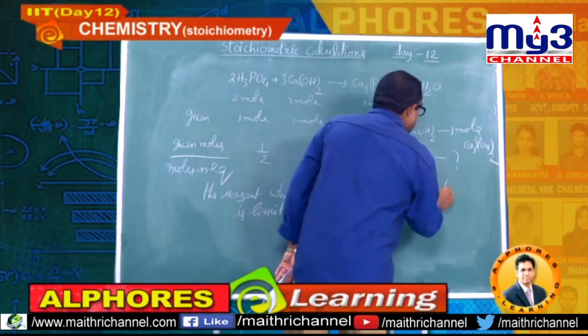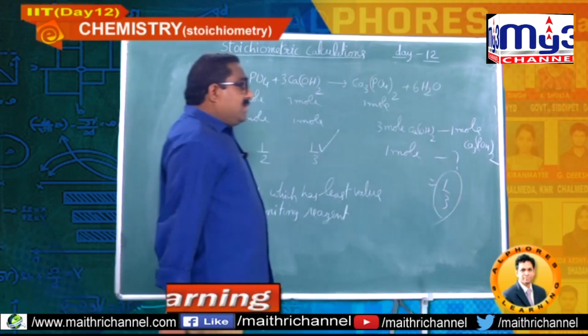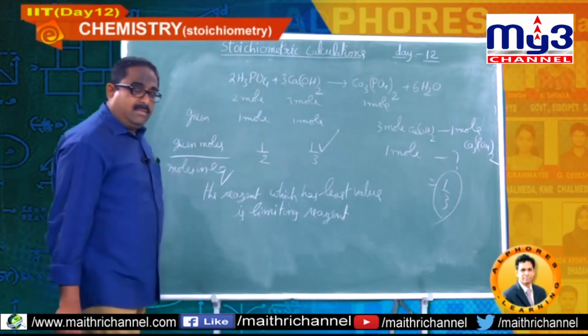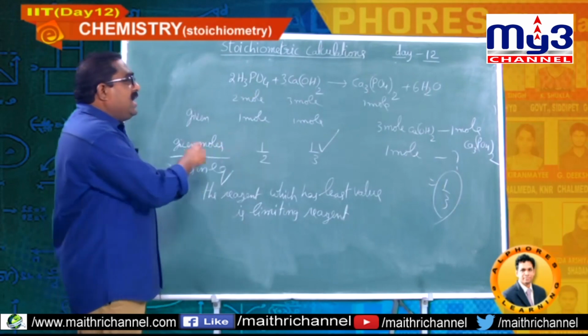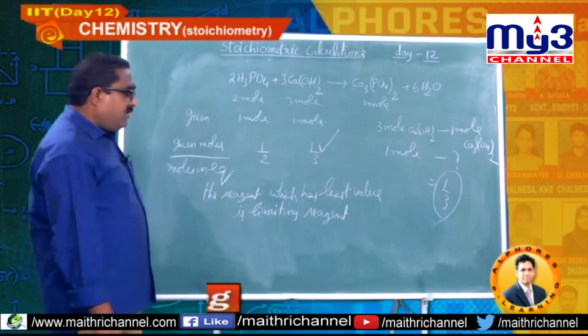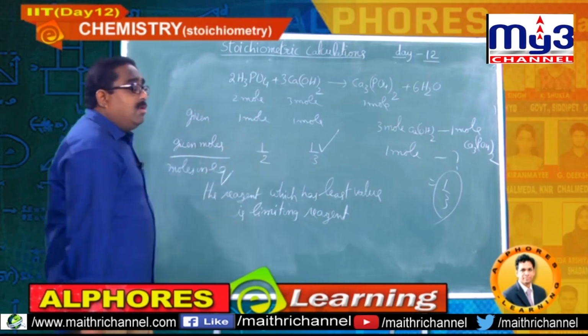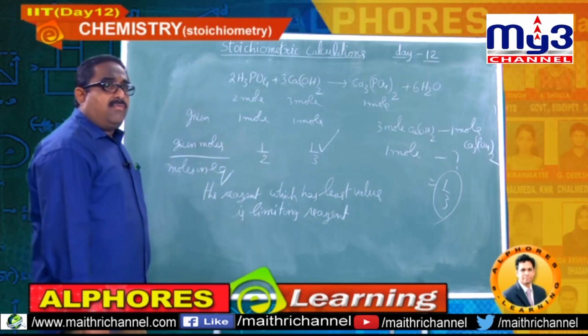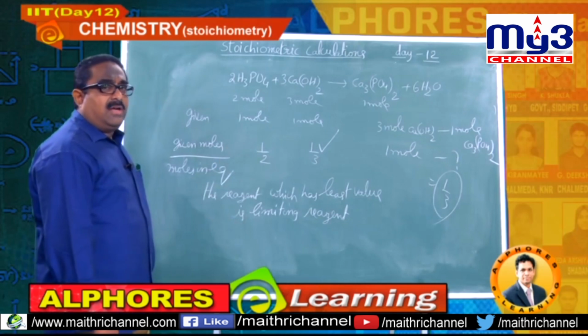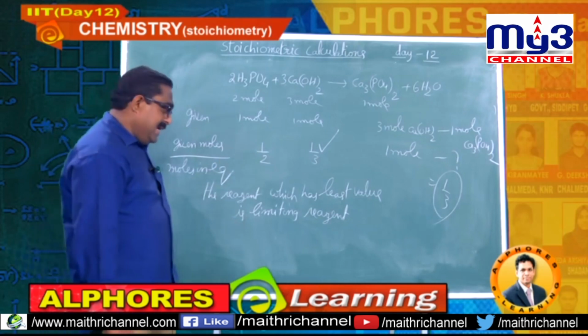So our answer is 1 by 3. Directly you can give the answer. In this way you can fix the limiting reagent and immediately find the amount of product obtained based on that limiting reagent.